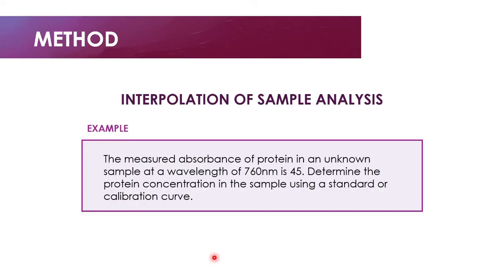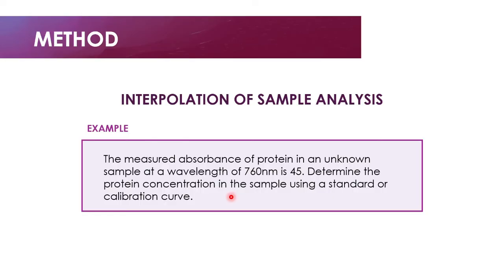So let us take an example and see how we can interpolate or extrapolate the concentration from a calibration curve. Example: the measured absorbance of protein in an unknown sample at a wavelength of 760 nanometer is 45. Determine the protein concentration in the sample using a standard or a calibration curve.